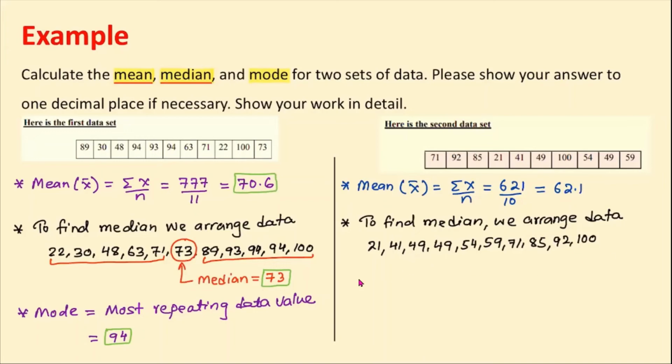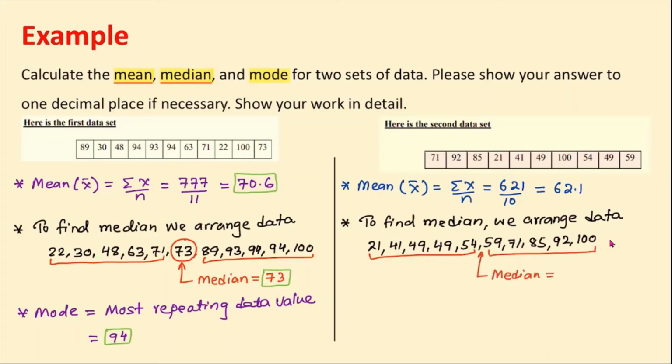So we arranged the data in ascending order. We have 10 observations. If we divide into two parts, you'll have 5 on each side. If you count 1, 2, 3, 4, 5 on this side, and the other 5 on this side, 1, 2, 3, 4, 5, that means the median lies here in the middle.